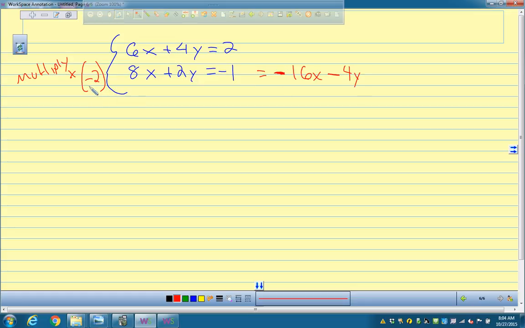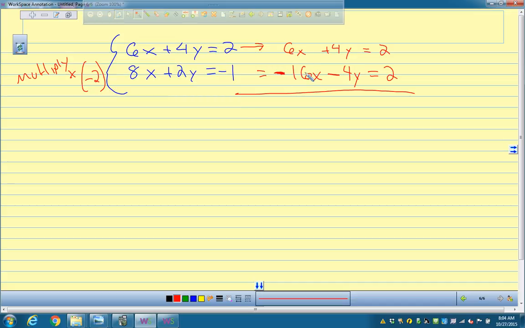And don't forget, you also have to multiply this. So what's -2 times -1? 2. Then I'm going to bring this equation straight across: 6x plus 4y equals 2. And then I can add them together.